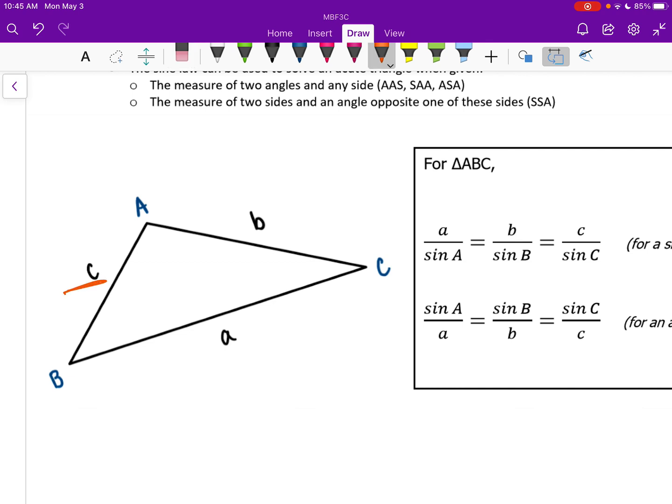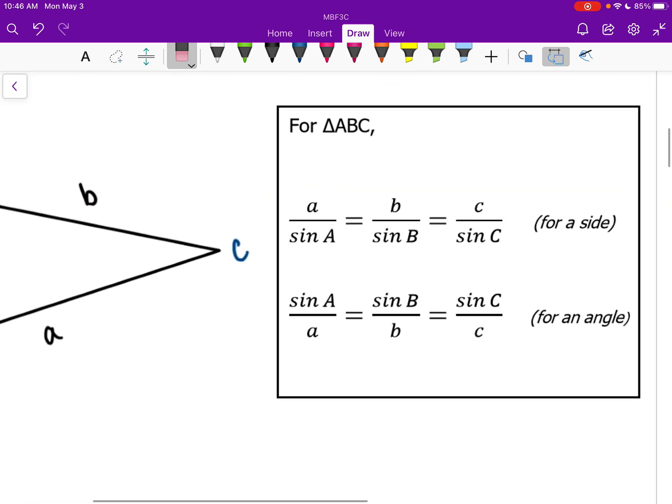So if I was given sides A, C, and B, and I was given angle B, I could use it. You basically need at least one side with one angle, the corresponding values. So I either need angle B and side B, or angle C and side C, or angle A and side A. If I have no angles that have a corresponding side, I can't use sine law. You'd have to use cosine law, and we'll learn about that later. Okay? So that's really important for us to remember.